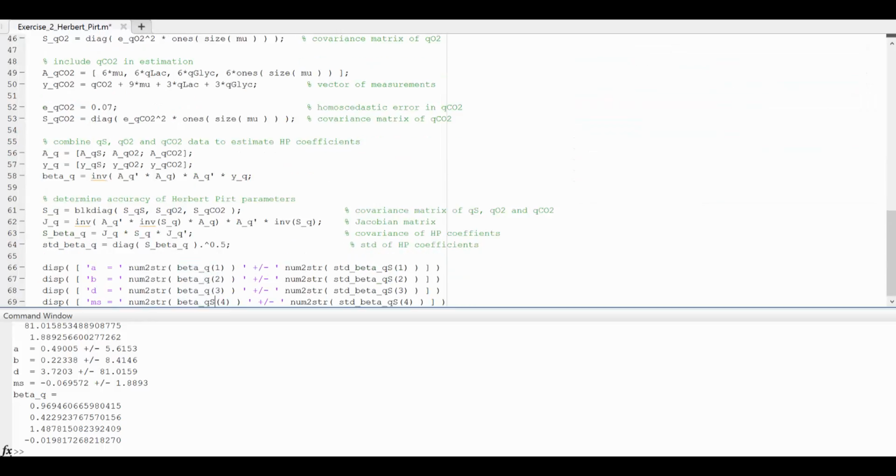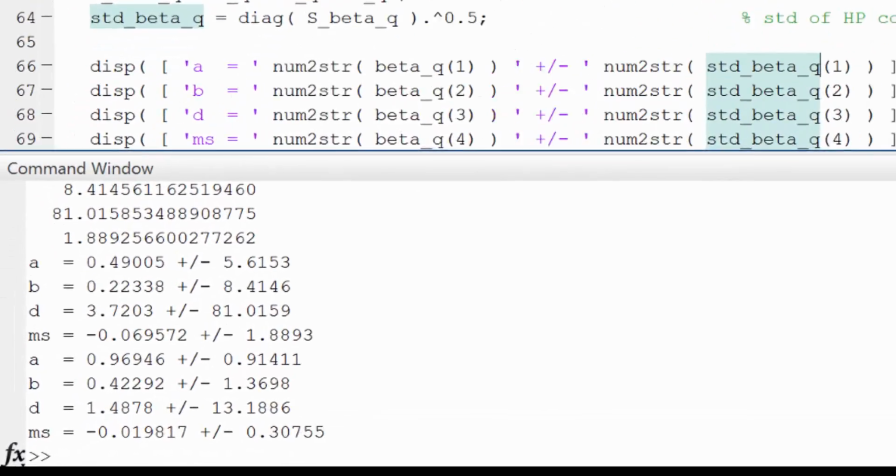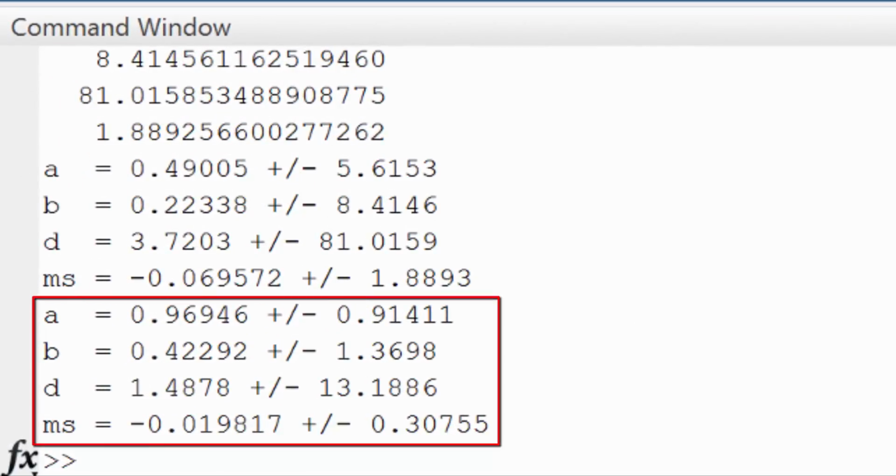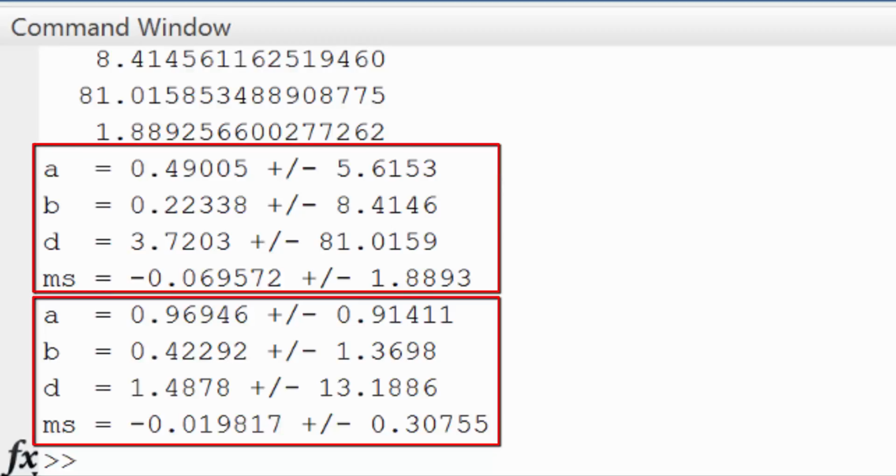Let's display our outcomes nicely again. You should notice that the standard deviation is smaller than when we only took into account the substrate measurements. However, it's still quite inaccurate, as the standard deviation is still about 300%. We could for example improve it by adding the glycerol measurements to the estimation.